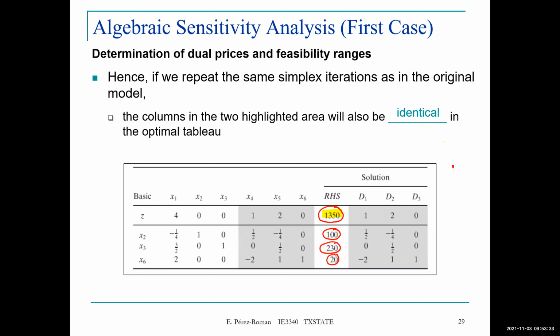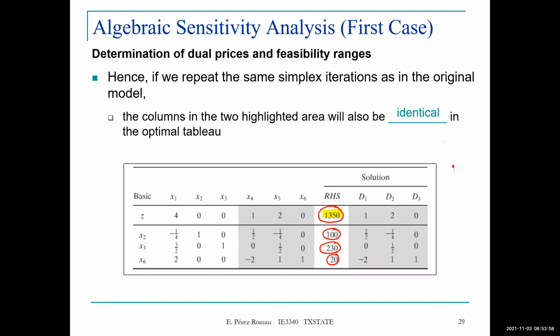The initial solution was given by the slacks. After performing all the iterations, those two shaded areas are the same, which means that if we perform by using the original tableau without having to add these three columns, we can still get the information that we need to set up the dual values for each one of the constraints.